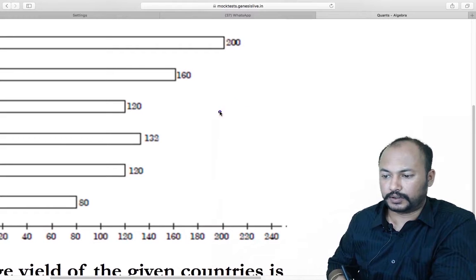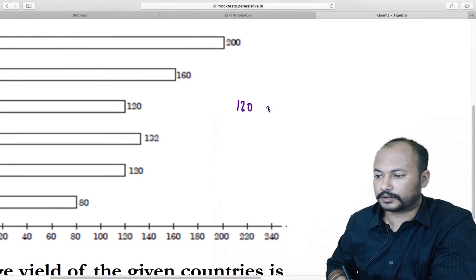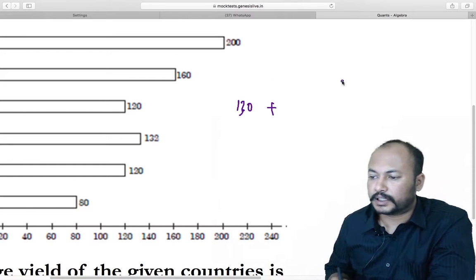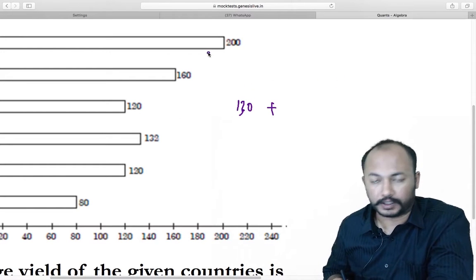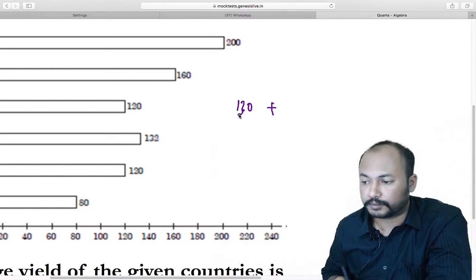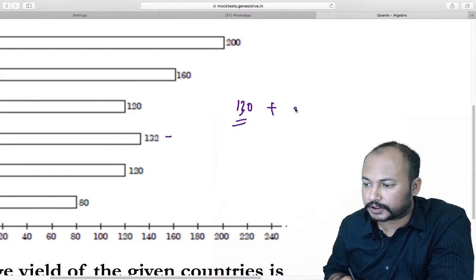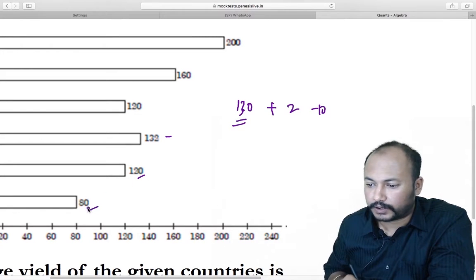I'll take 130 and go with the deviation method. Okay, 130, and then let me see how much the other numbers are deviating from my assumption. So 130 means this, let me start with this plus 2, then I have minus 10 here, and then 130 minus 50, so minus 10 minus 50.